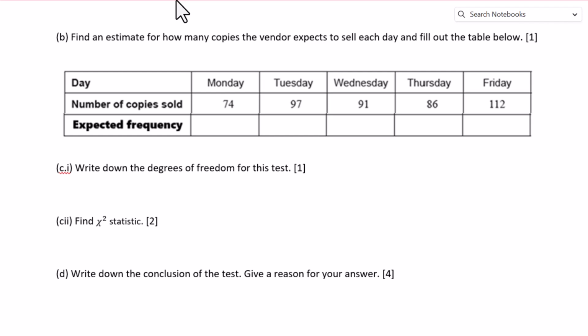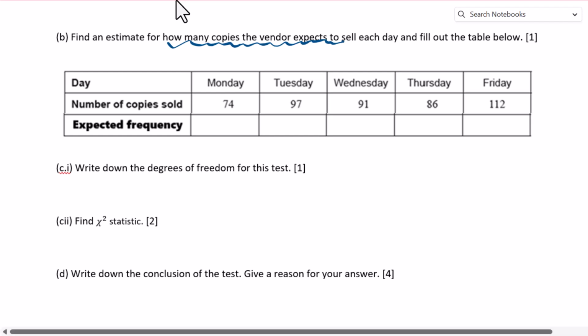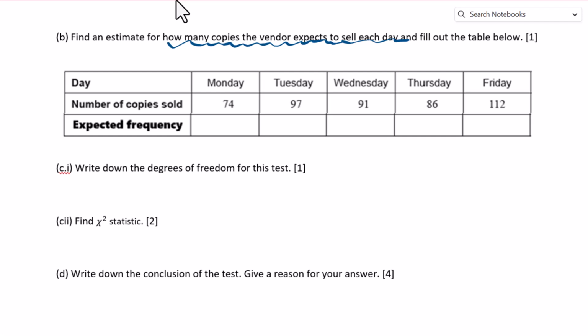B, find an estimate for how many copies the vendor expects to sell each day and fill out the table below. First of all, we need to add all this together to get the total number of copies for the weekdays.